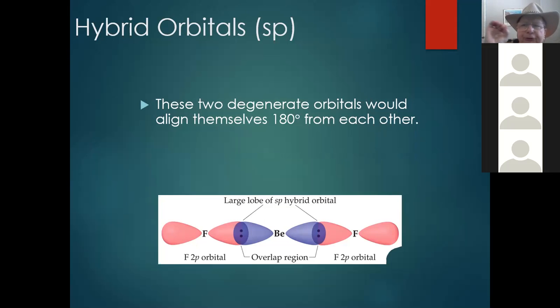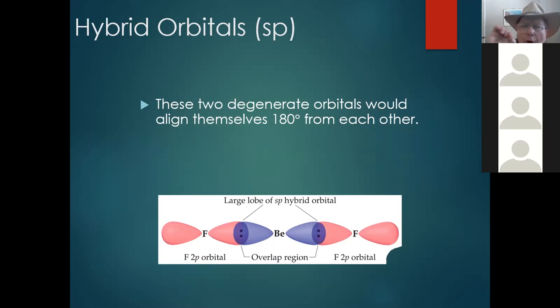When we absolutely need to do it, we can hybridize orbitals. Okay? In the case of boron trifluoride, the boron needs 3 regions. So it needs 3 hybrid orbitals because boron only has 1 free p orbital.